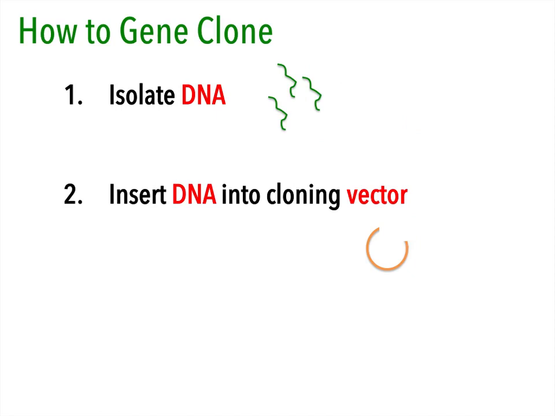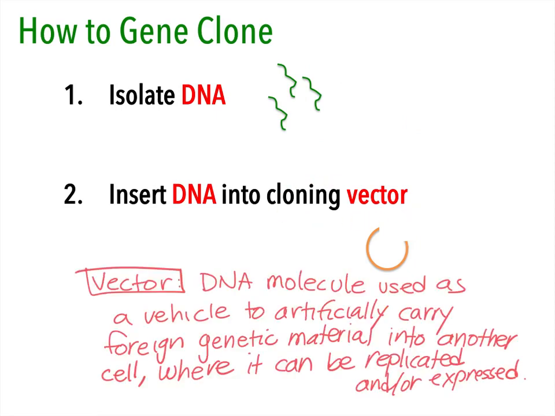Now, the trick is to get that piece of DNA into your specific cloning vector. Before I talk about that, I just want to say a few things about different cloning vectors. And down below, here's the official definition that we're going to use of a vector. It's typically a DNA molecule, and it's just a vehicle to carry your genetic material of interest into another cell where it can be replicated or even used, or even turned on, expressed.